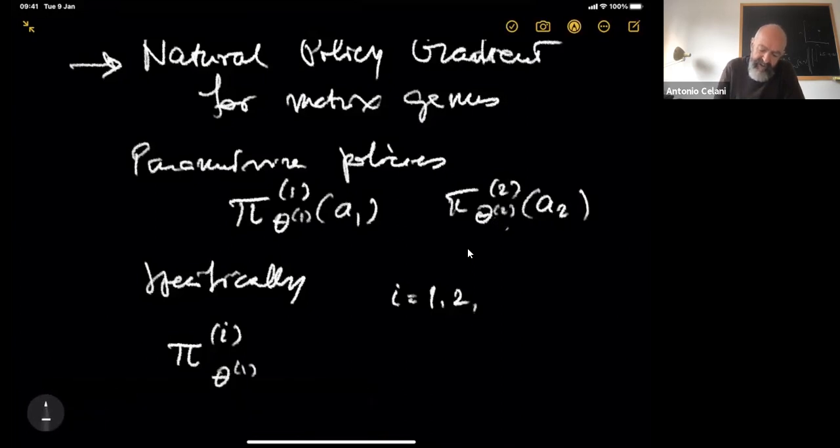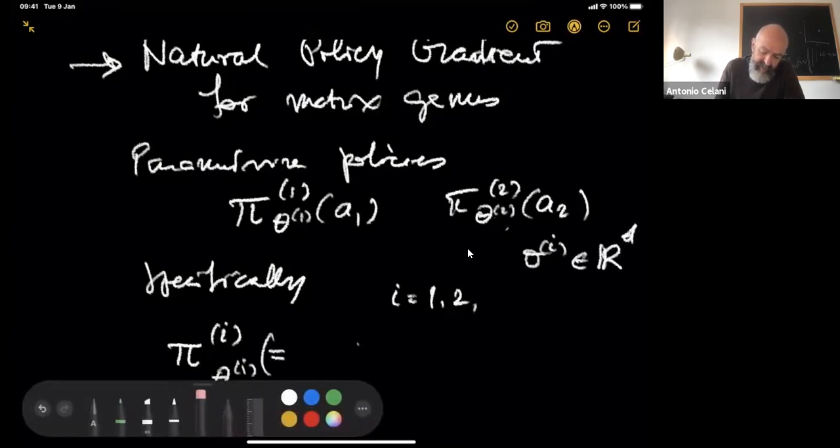So for agent I, there is this set of parameters theta I. So theta I is a vector, so they belong to R to some dimension. We want to express this in the following way.